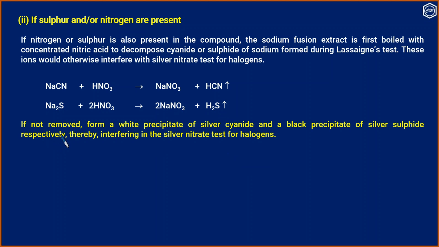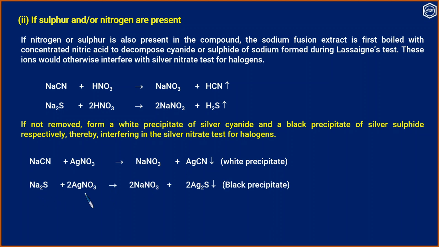If we do not remove these ions, they form a white precipitate of silver cyanide and a black precipitate of silver sulfide respectively, thereby interfering in the silver nitrate test for halogens. Sodium cyanide plus silver nitrate gives sodium nitrate and silver cyanide, and the silver cyanide forms a white precipitate.